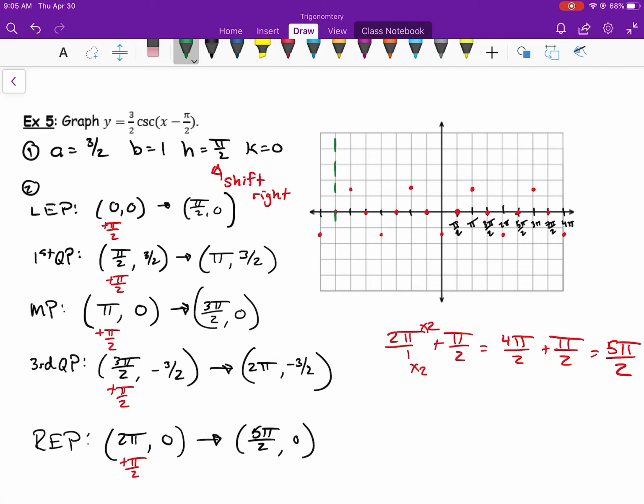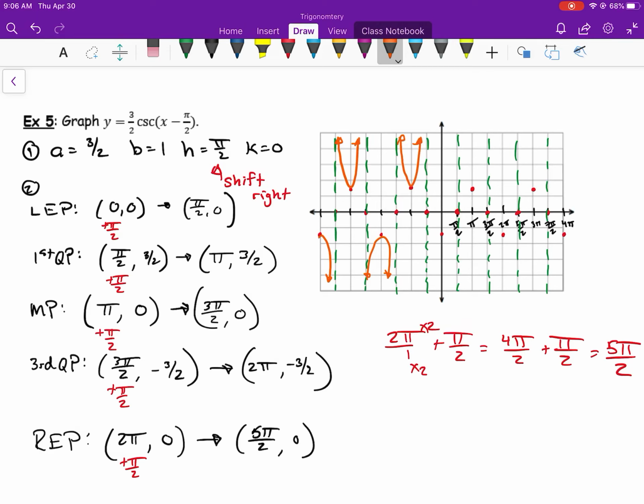Draw my x-intercepts for my vertical asymptotes. It just looks like this because the scale's different. You can obviously use whatever scale you want, but okay, so down, up, down, and then the pattern just alternates.